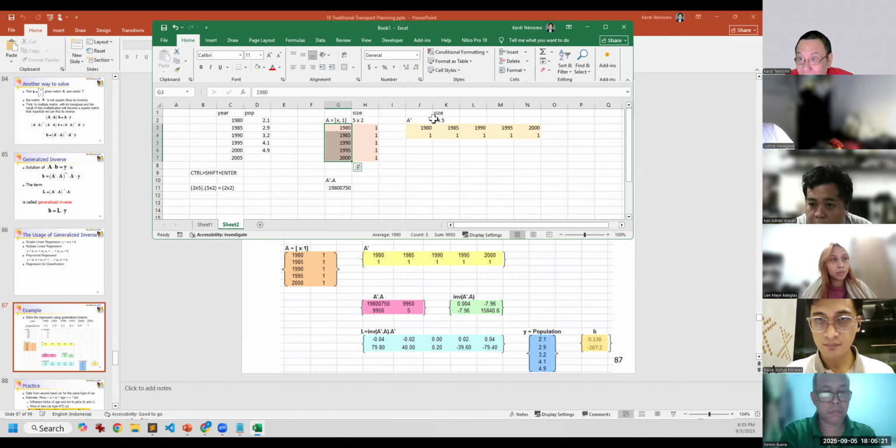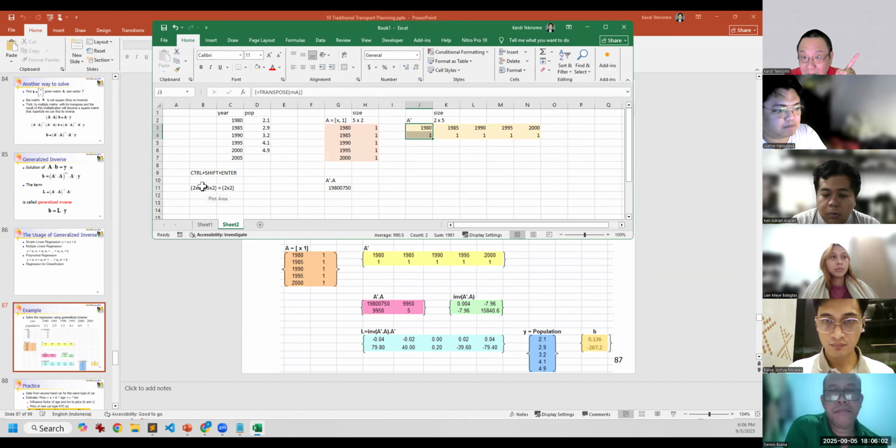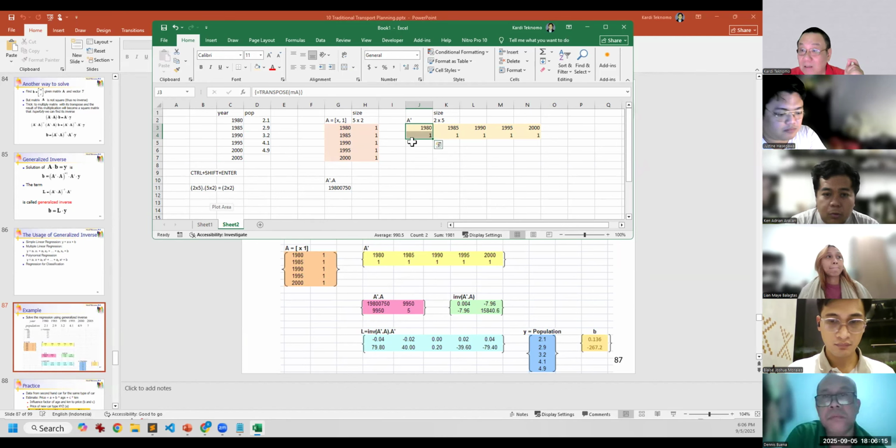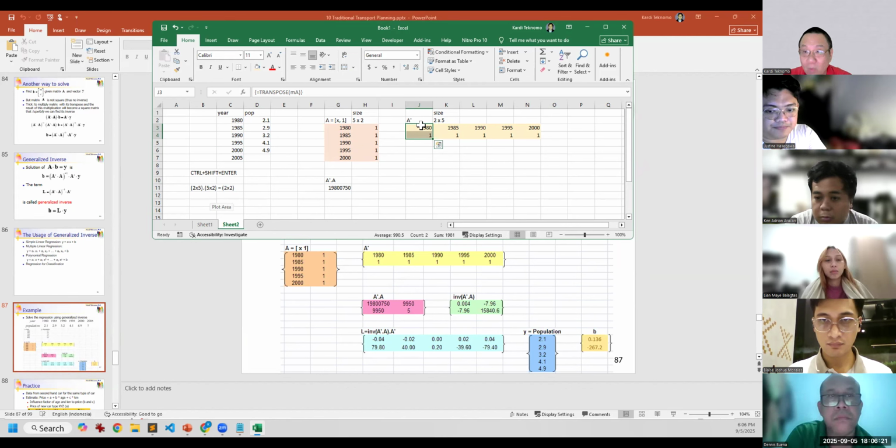Here, the number of columns is 5, and in the second matrix, the number of rows is 5. So that's why you can multiply. And then the result will be the number of rows in the first matrix and the number of columns in the second matrix.